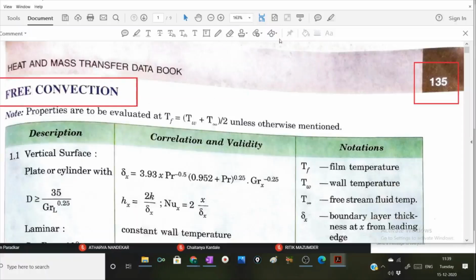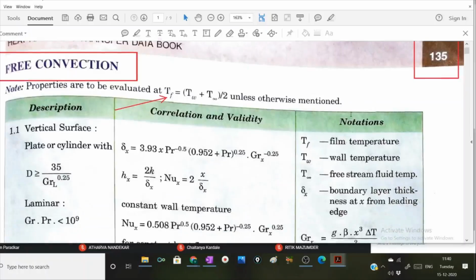And as you can see here, in free convection, thermophysical properties are to be evaluated at mean film temperature of (TW plus T infinity) by 2 unless otherwise mentioned. From page number 135 onwards, formulae are given for free convection heat transfer.